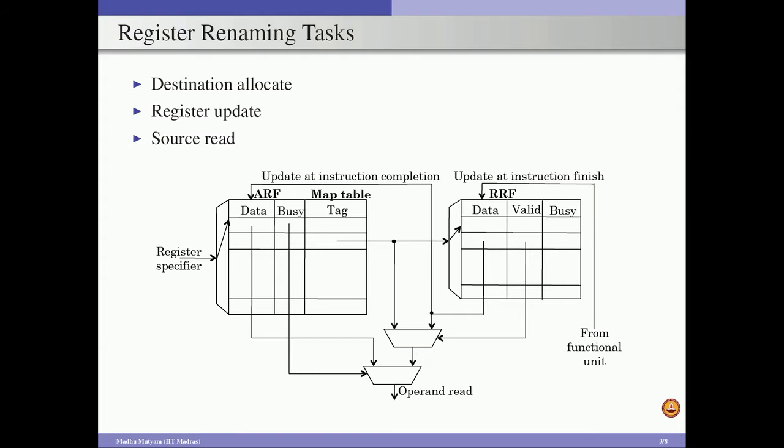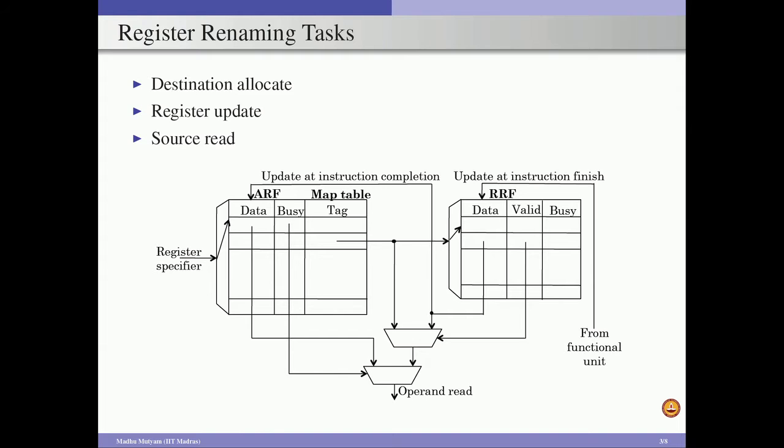In other words, the destination operand of that instruction is renamed to a register in the rename register file, and after that, whenever we finish the execution of the instruction, we update the rename register first, and when the instruction is completing, we update the architectural register.